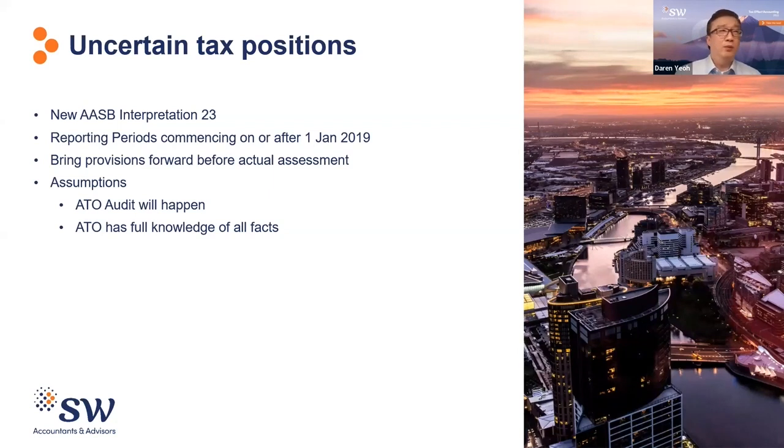It applies from 1 January 2019. And when you work out whether or not something is uncertain, you need to assume that that treatment will be audited by the tax office, and they know everything you know, and have all the documents which you have.